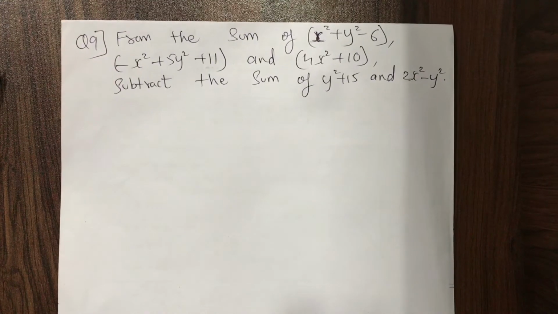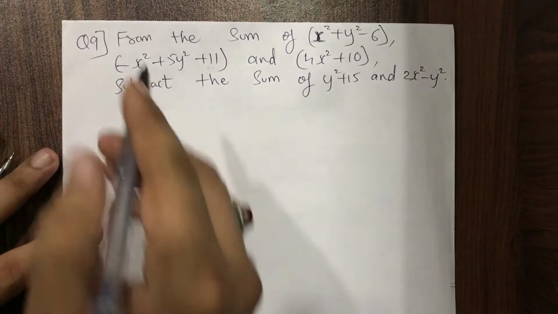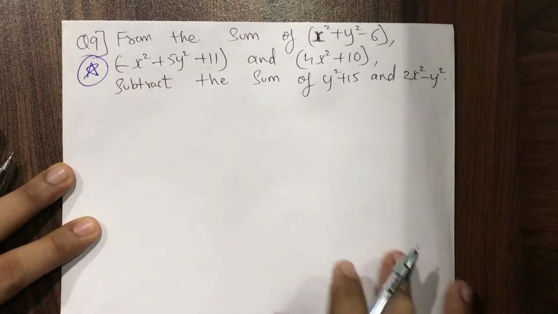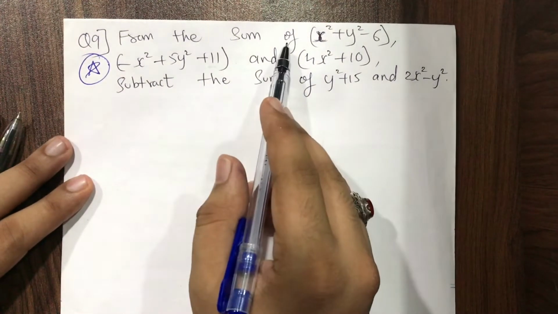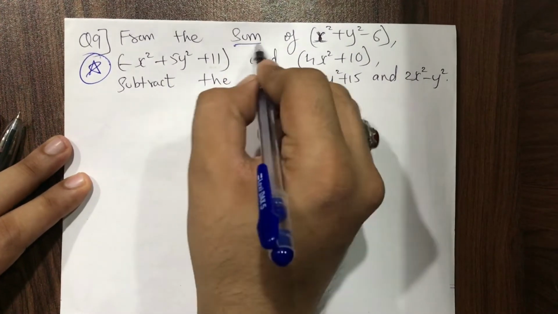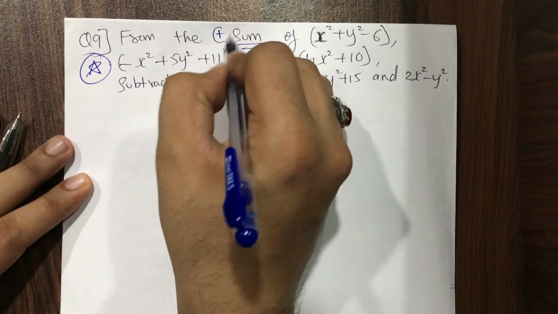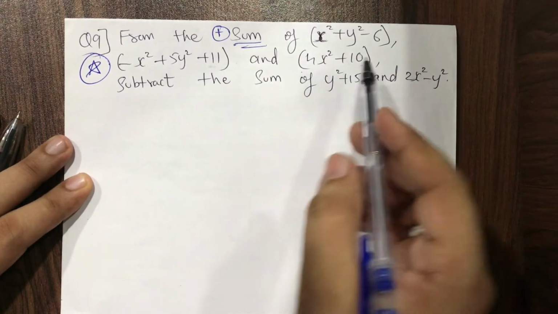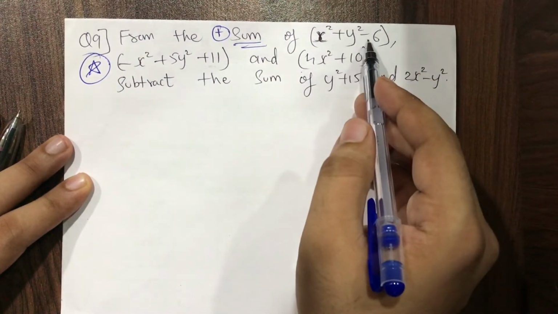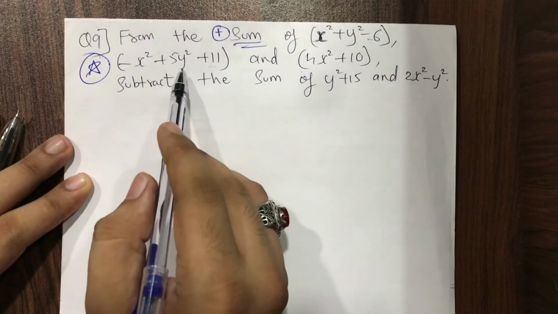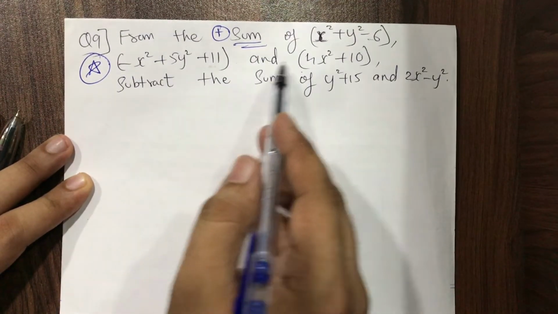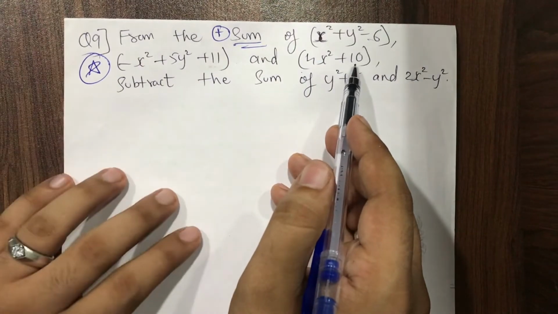Students, now the next question, a very good question, I'll say an important question, but very simple question. It's just lengthy. From the sum of, sum means plus, sum means addition, from the sum of x square plus y square minus 6, comma, minus x square plus 5y square plus 11 and 4x square plus 10.